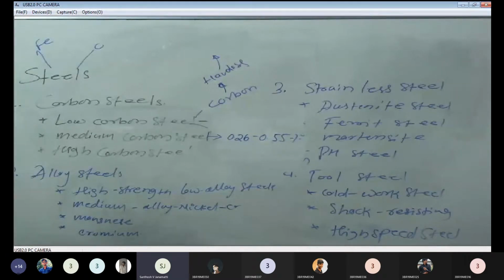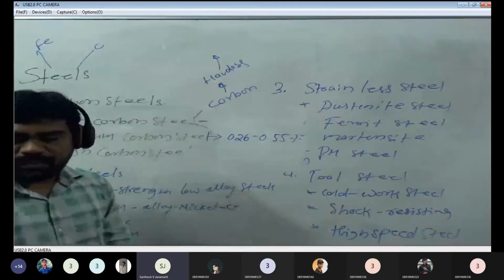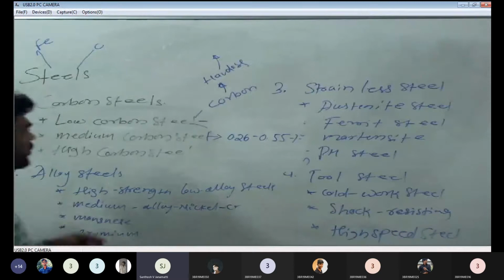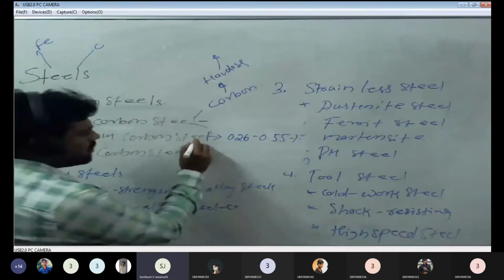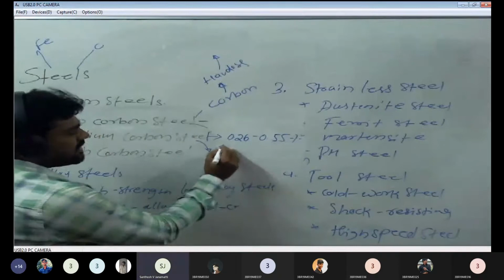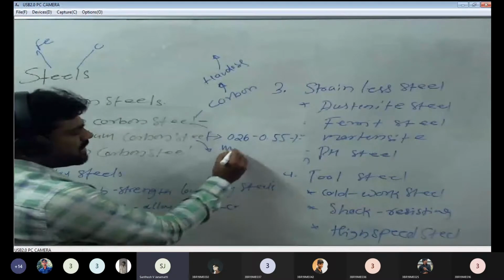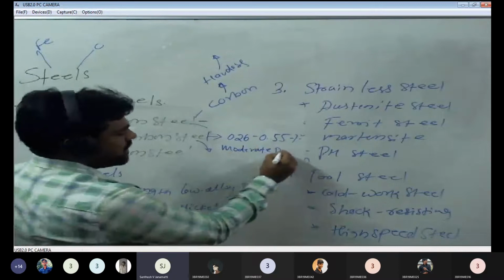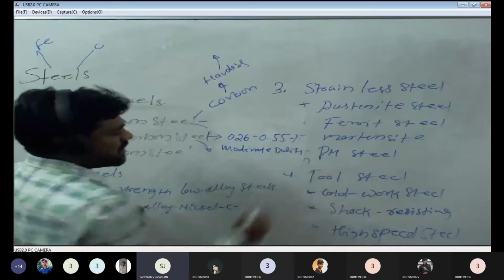Then what kind of properties can we expect? How does it behave mechanically? Suppose it has 0.55% carbon content. How does it behave? These are its properties: moderate ductility, not a good ductility.